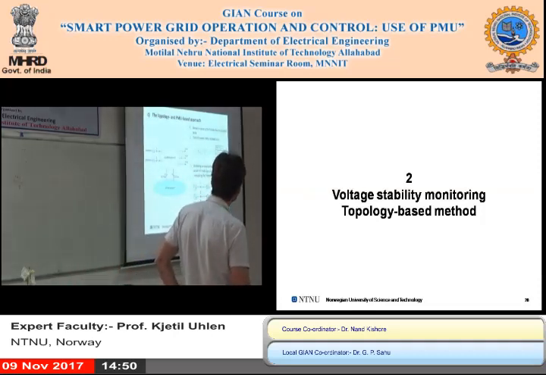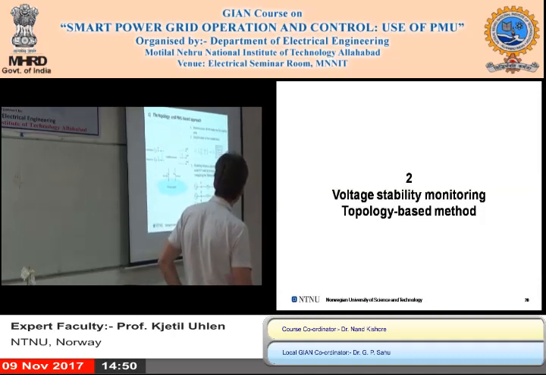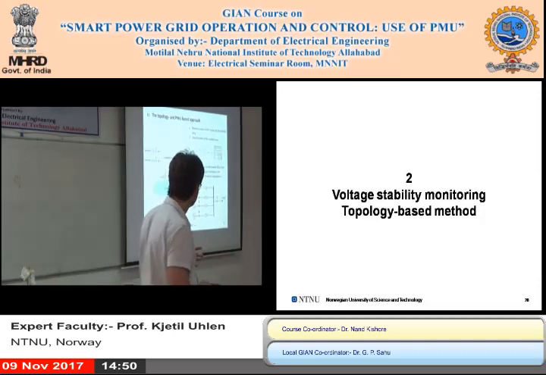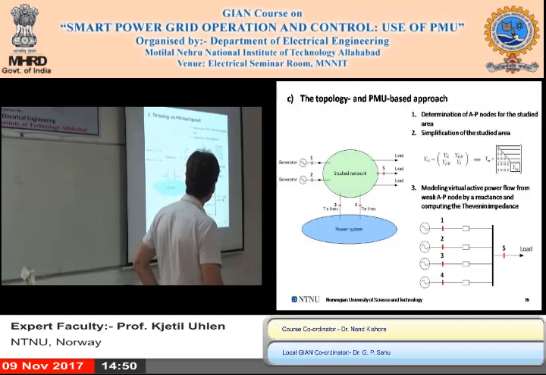This one is also published. I won't go into much detail on it, but just say that if you have a network that you know, for example, part of a sub-transmission network, you would have some local generation. You would have a number of transformer stations that are basically loads, and you will have connection to the transmission system or the rest of the system.